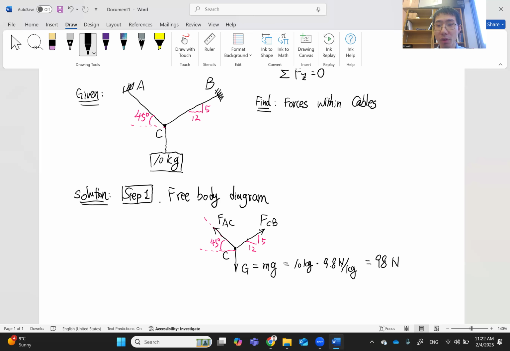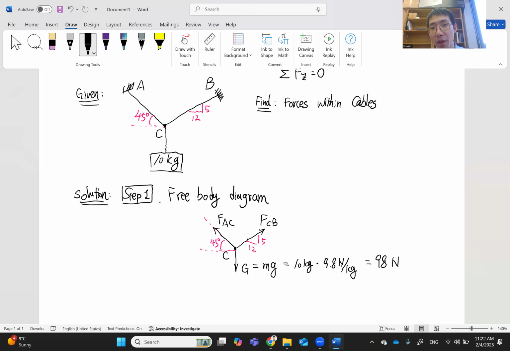If you look at C here, it involves force FAC, so actually the force in cable AC, the force in cable CB, and the gravity, right?